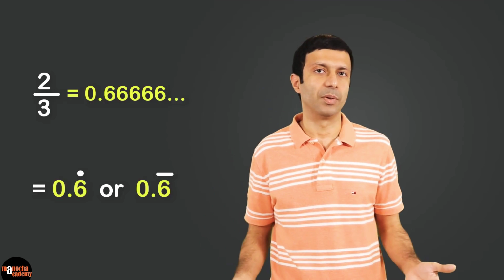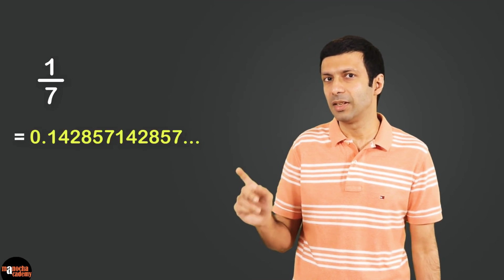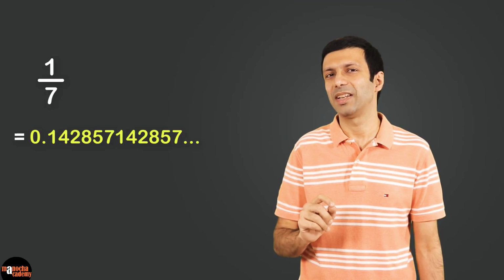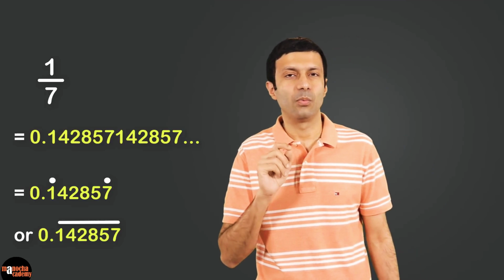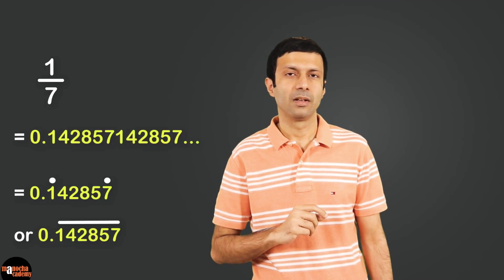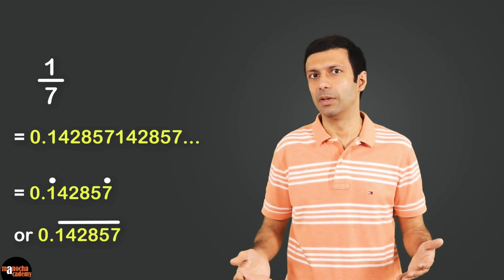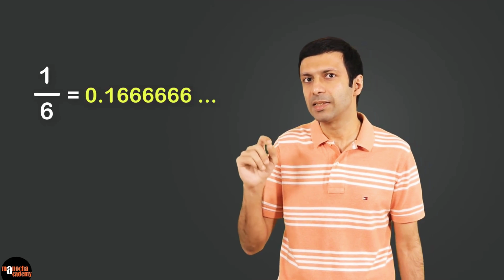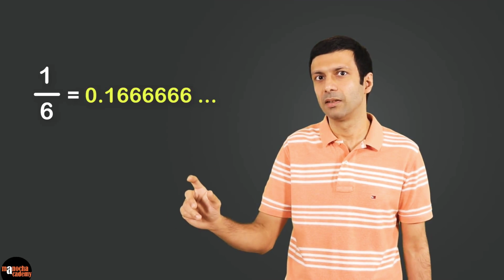Let's take another example, 1 by 7. So if you look at the answer here, can you see the repeating pattern? That's right, it's 0.142857 recurring. Let's take a look at another example, 1 by 6. So that's going to be 0.16666 and it just keeps repeating.